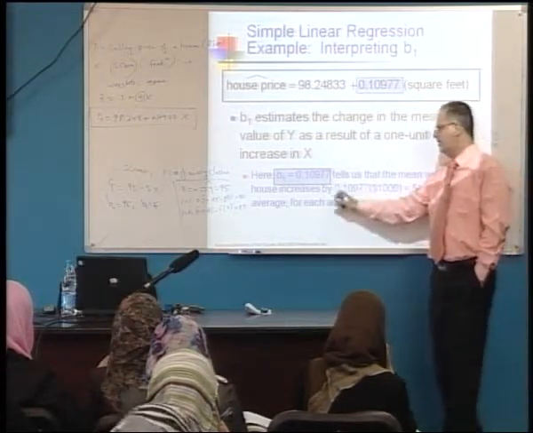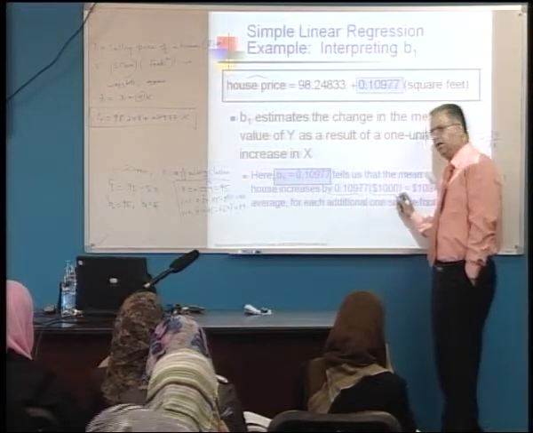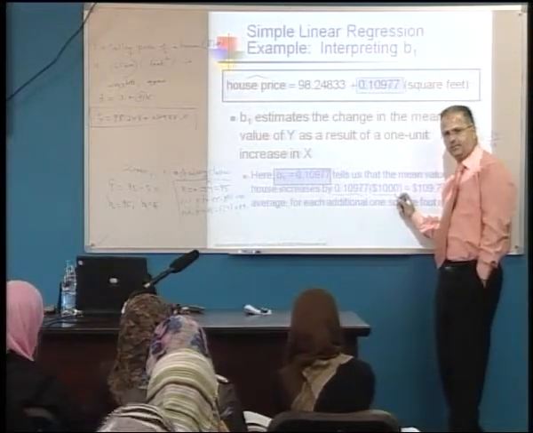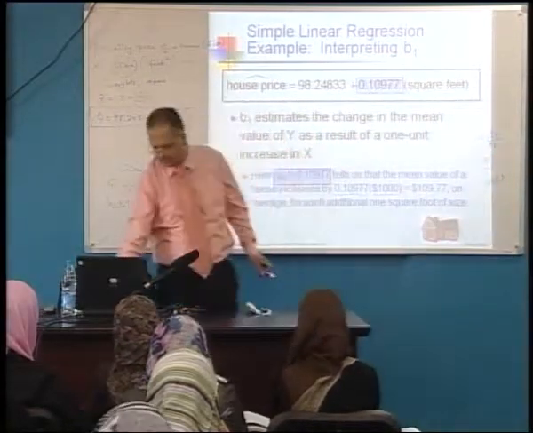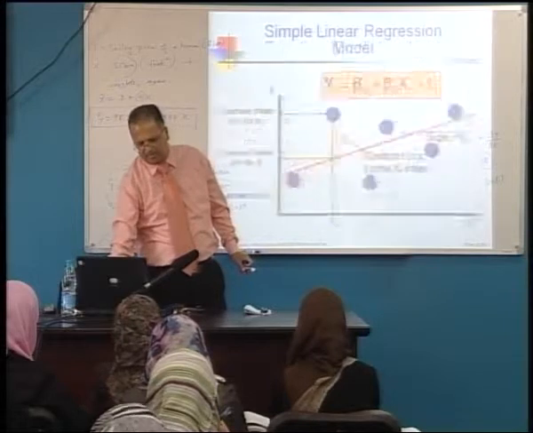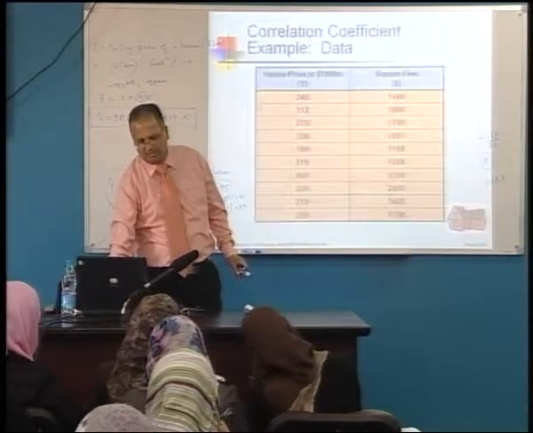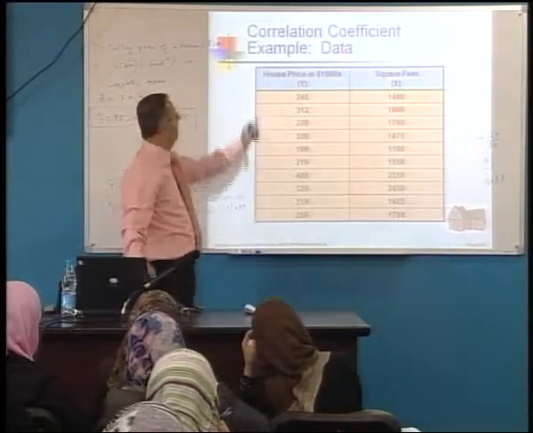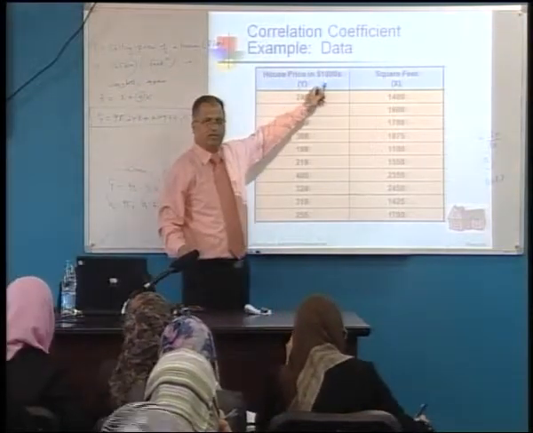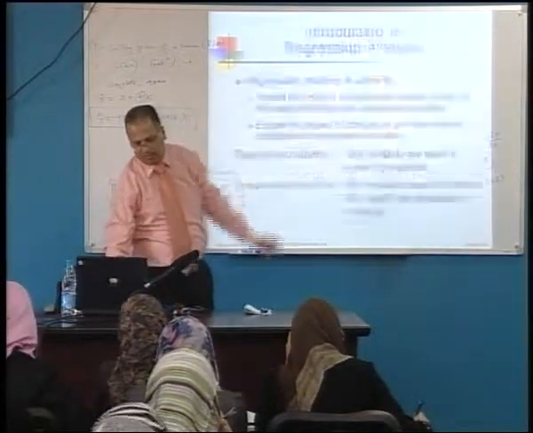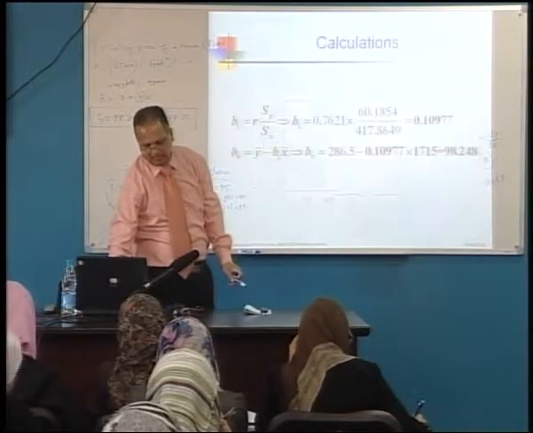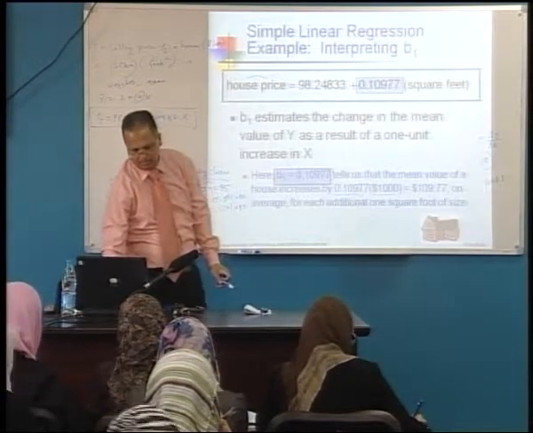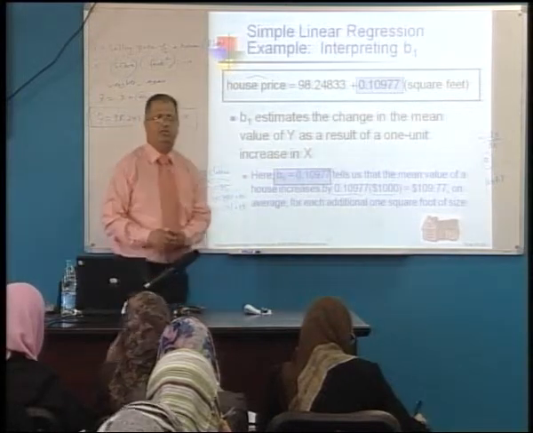So we have to multiply this value by the unit we have, because y was in $1,000. If you go back to the previous data, house price was in $1,000, so we have to multiply the slope by 1,000. Any question?